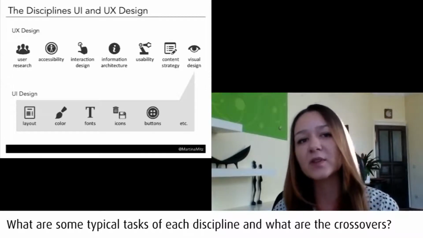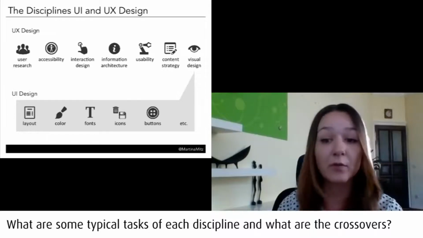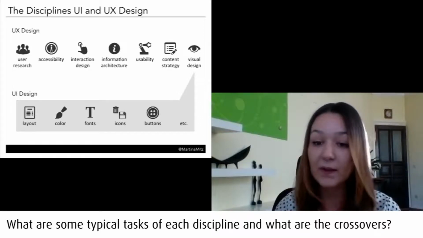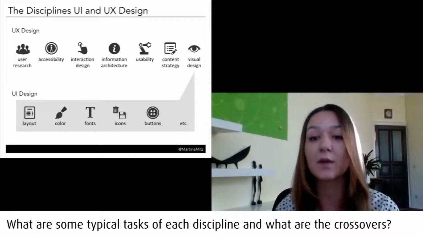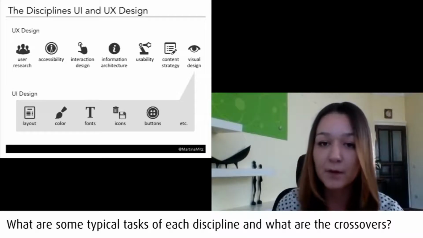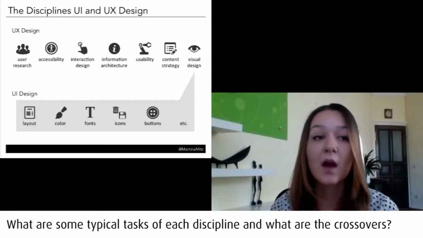And then starting with rough concepts, this can be in forms of sketches, going through low fidelity wireframes, which are actually the digital blueprints of usually a website, a digital product.